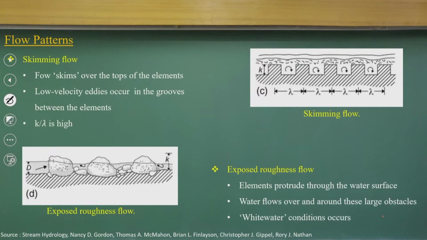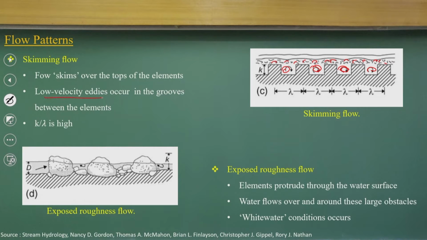Now, if you look at the next part, if you decrease lambda further, the flow will be like skimming flow. That means you will have zones where the flow does not have much eddy formation, but can go over the top. The flow structures are not going to affect the eddy structures much.